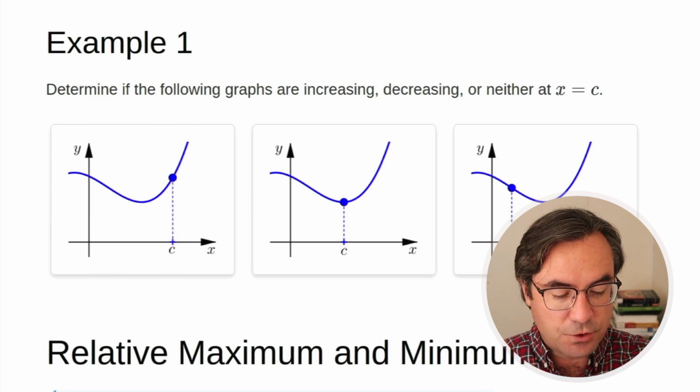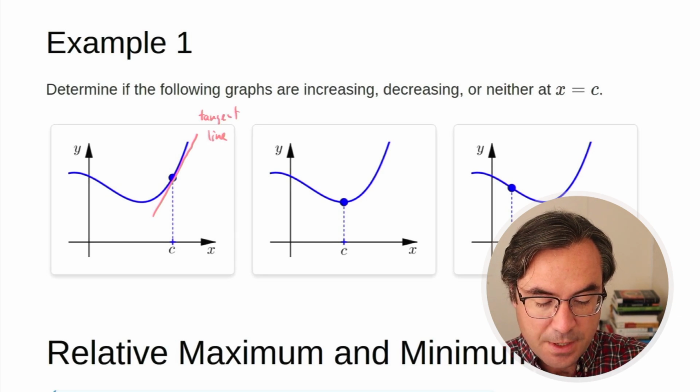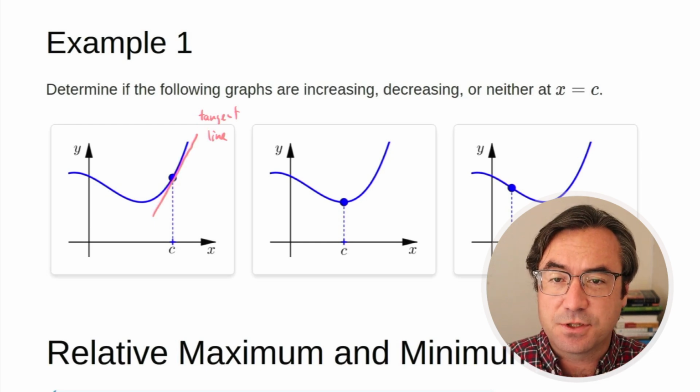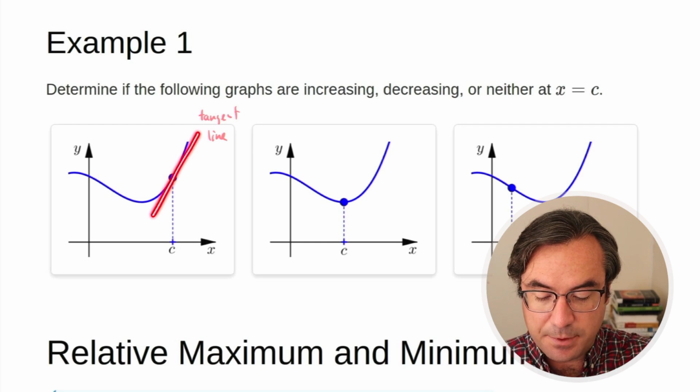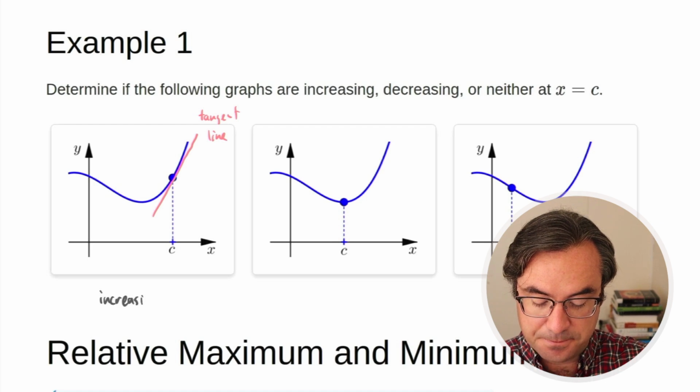Let's draw our tangent line at that point. We see that the tangent line is moving up, so it has positive slope. So our graph is increasing in this case.